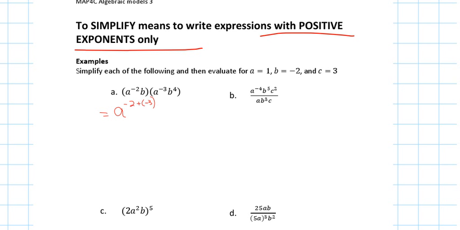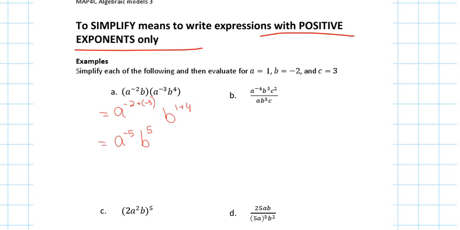Right? So I can add my exponents for this one, and I can add my exponent for the b, which is going to give you a to the power of negative 5, b to the power of 5. Okay? Now, because a still have a negative exponent, I can bring it down to the denominator.